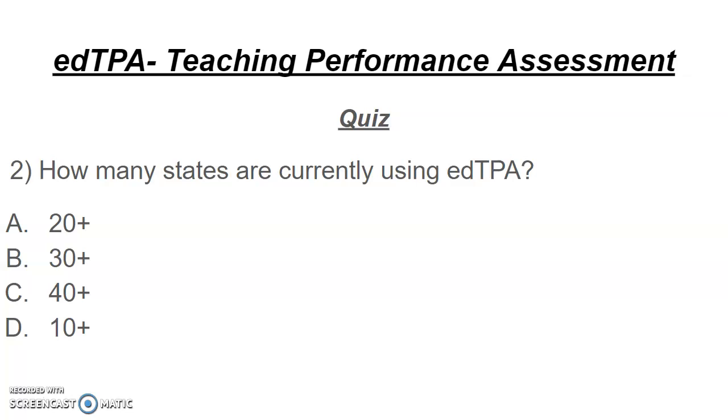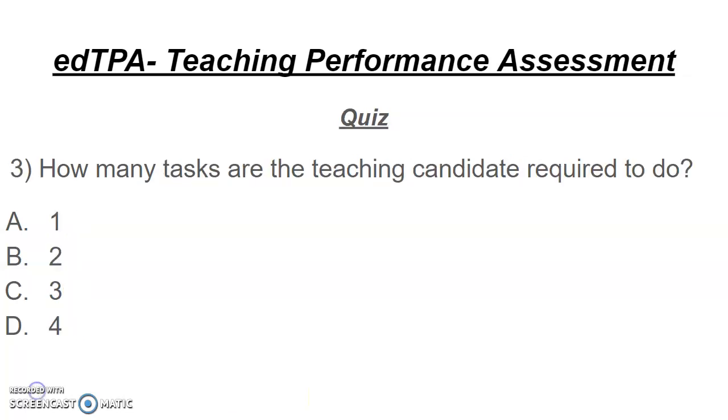Answer is B, 30 plus. How many tasks is the teaching candidate required to do? Choices are A 1, B 2, C 3, or D 4. Answer is C, required to do 3 tasks.